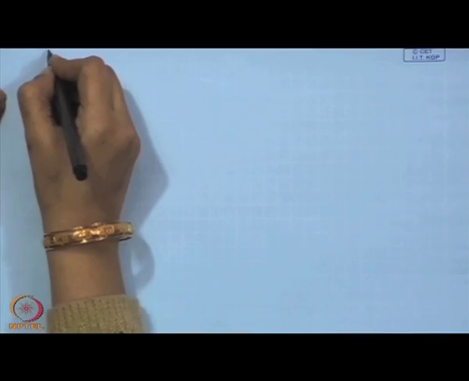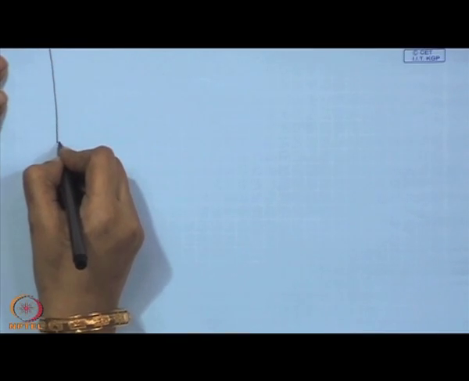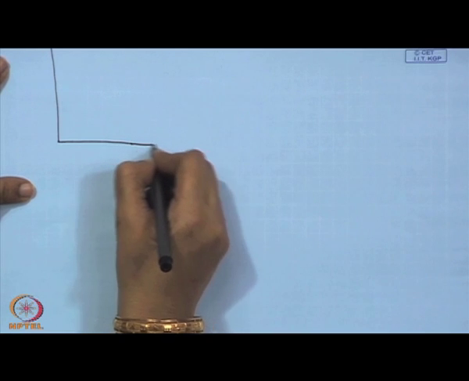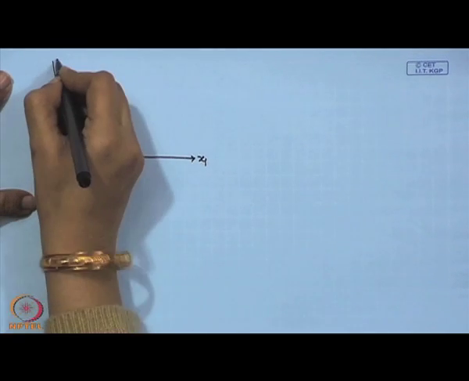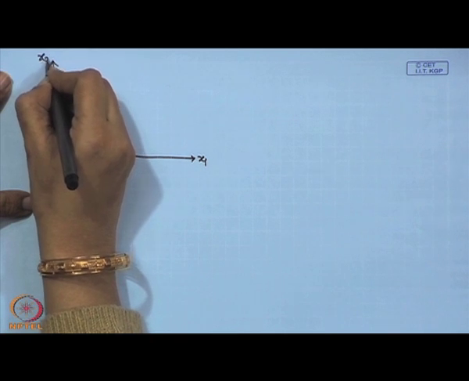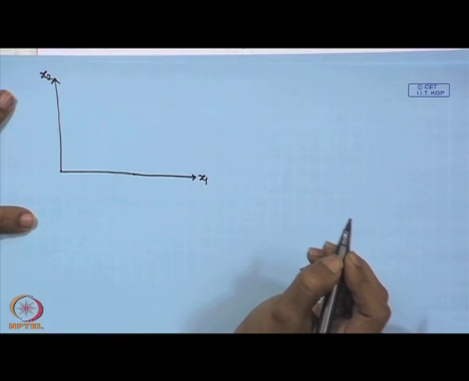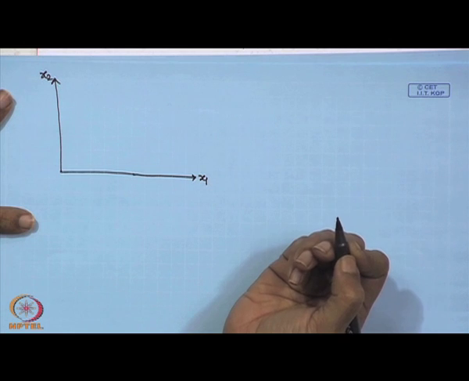Now, let us consider a hypothetical two variable nonlinear programming problem, and I will discuss how the iterative process runs on this problem to get the optimal solution. Let us consider one problem of two variables x1 and x2, in general a constrained optimization problem.